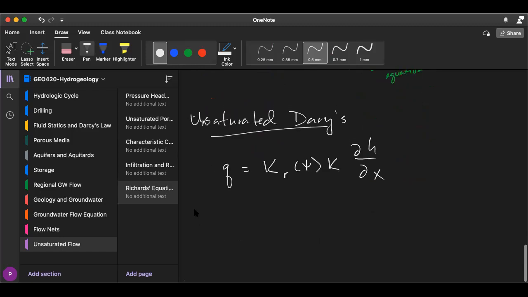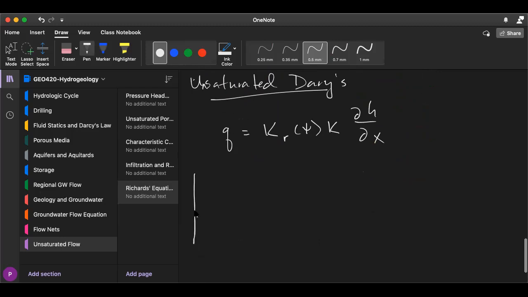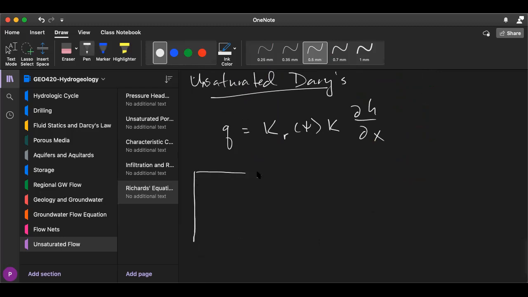And maybe I'll draw a little chunk of porous media here to illustrate our next point.